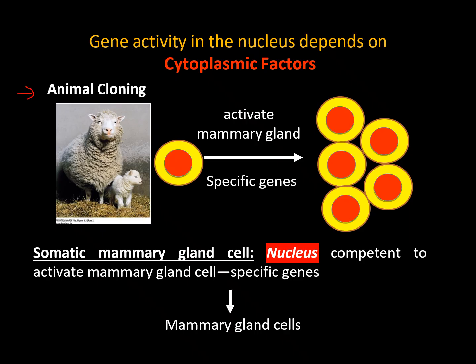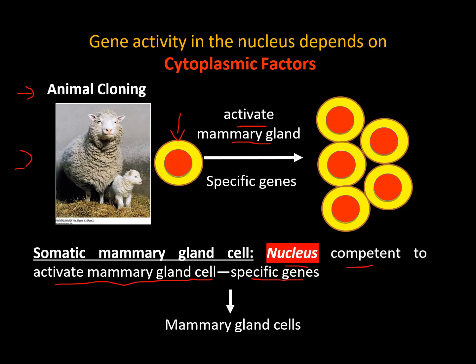Here we have Dolly again, and you can see here that they took the cell from a mammary gland, and you see the nucleus in red, but also you see the cytoplasm in yellow. So this nucleus is competent, it is able to produce a mammary gland cell from the specific genes that are located there.